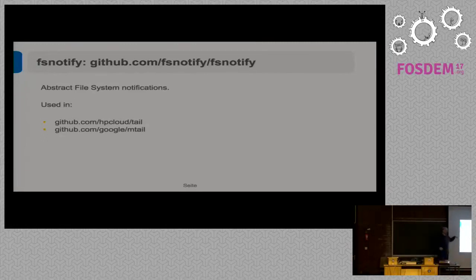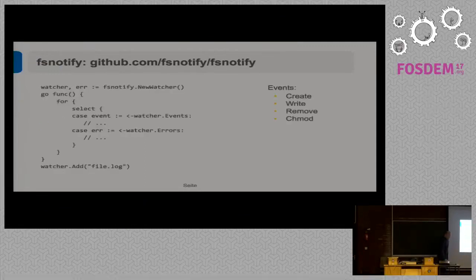And what fsnotify does is, every operating system has some kind of functionality so that you can subscribe to file system events. So your program is notified when something on the file system happens. And fsnotify is a library that gives you these events, operating system independently, whenever you're subscribed to some directory, right? So how it works is like this.